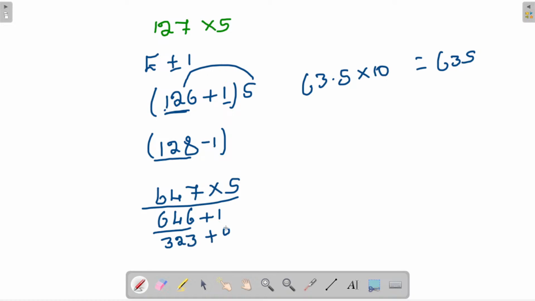Half of 1 we know is 0.5. So 323.5 into 10, your answer will be 3235.